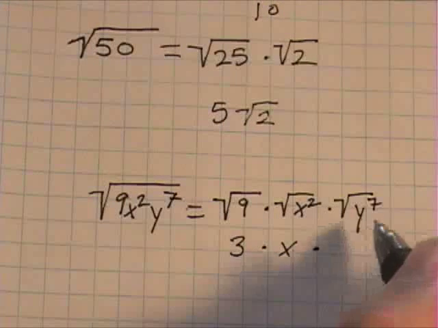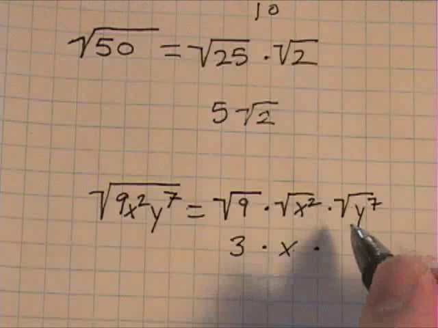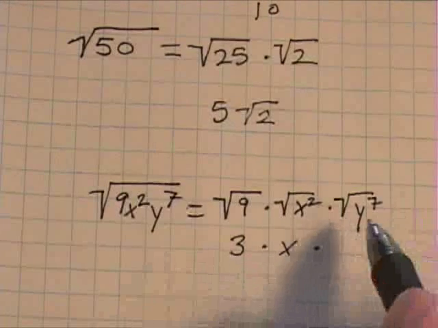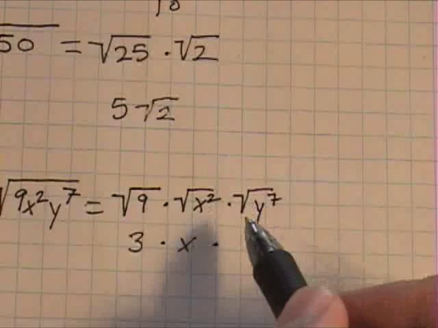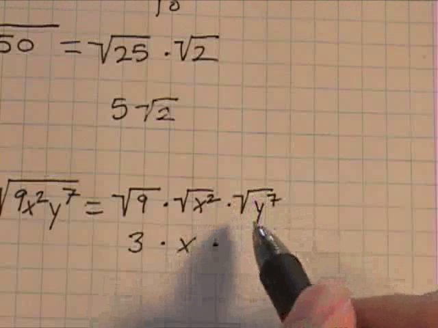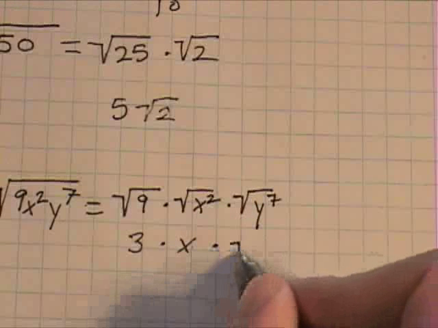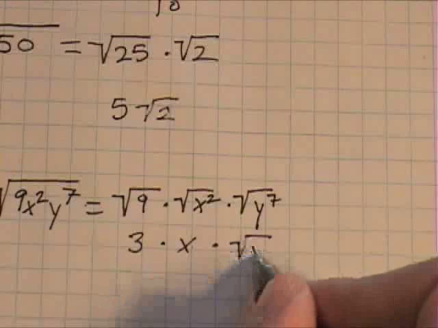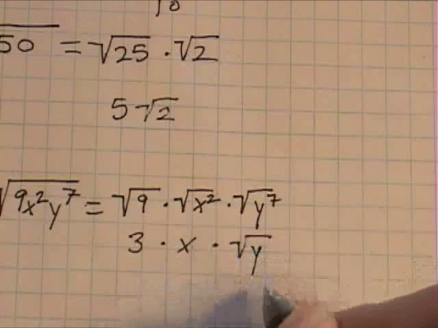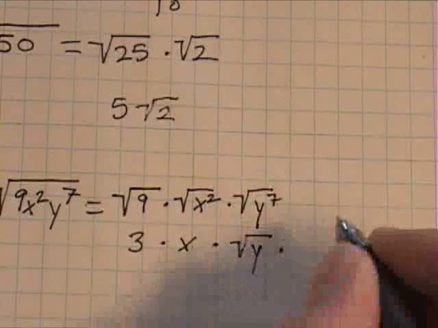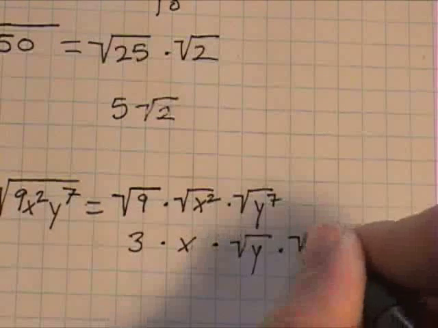And then the last one is a little bit more tricky. We'll have to separate it further. So let's separate this out into, how about y? Take a y out and see if that does the trick.